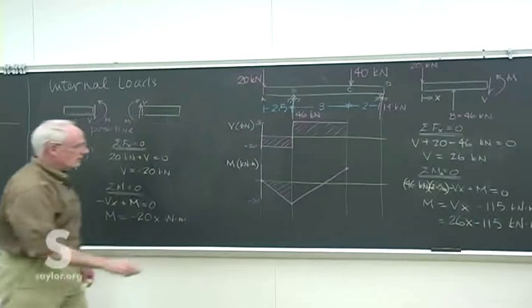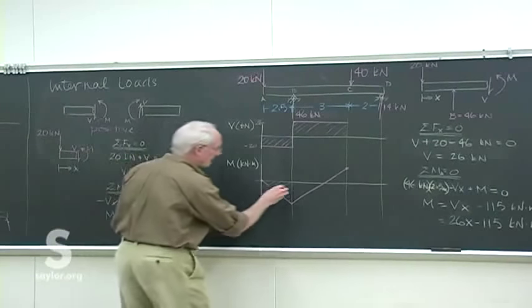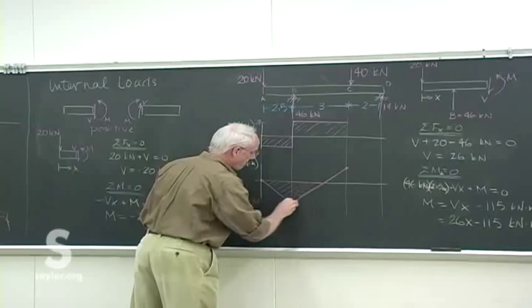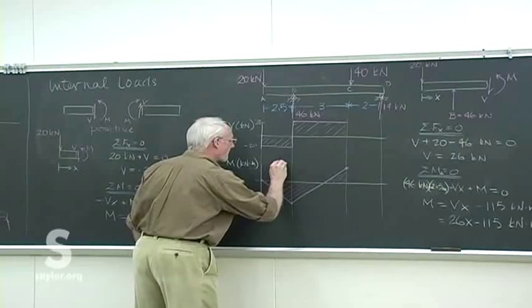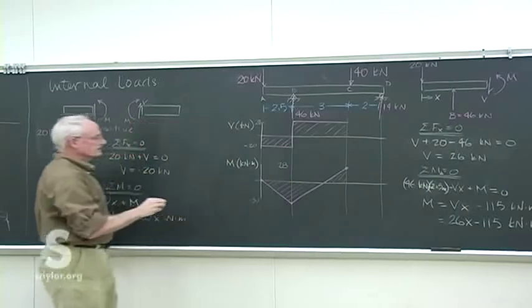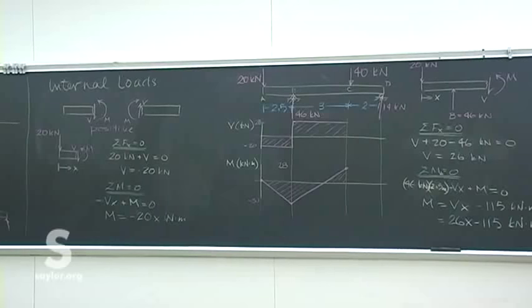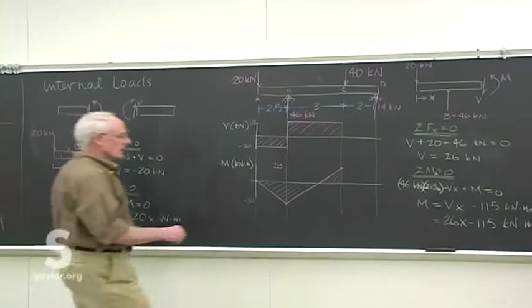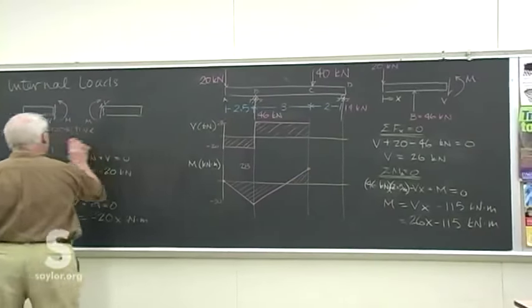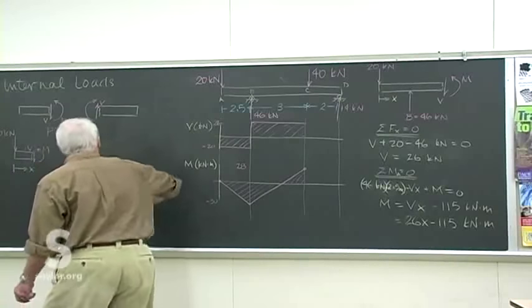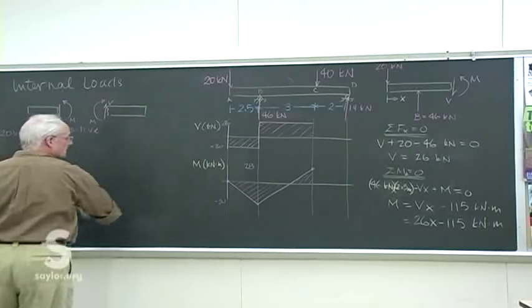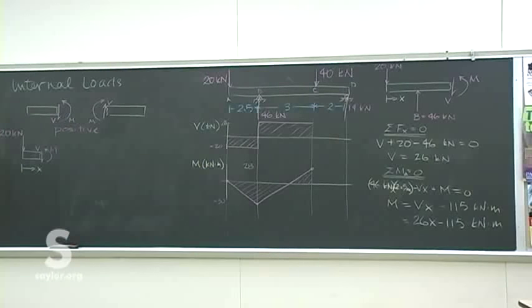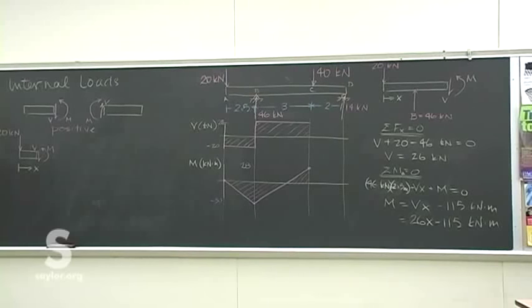And that will have our slope of 26 automatically. So again, what we're looking for is, for the most part, where's the greatest shear, where's the greatest moment. And we'll be more concerned later on with just what the direction of those moments are, because that's going to tell us what the bending direction is.